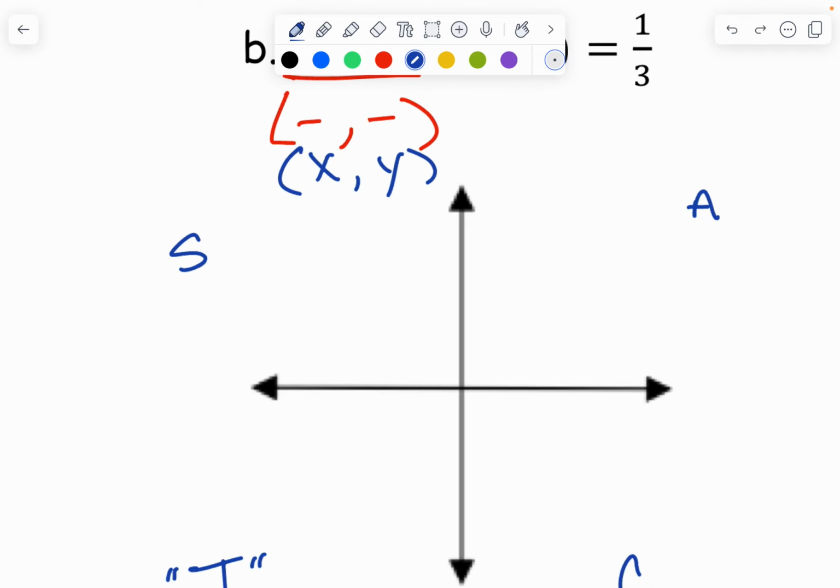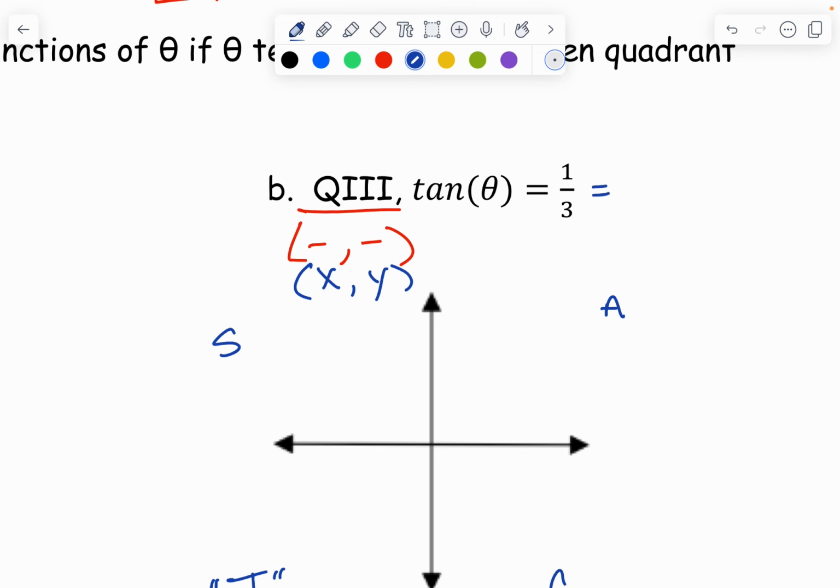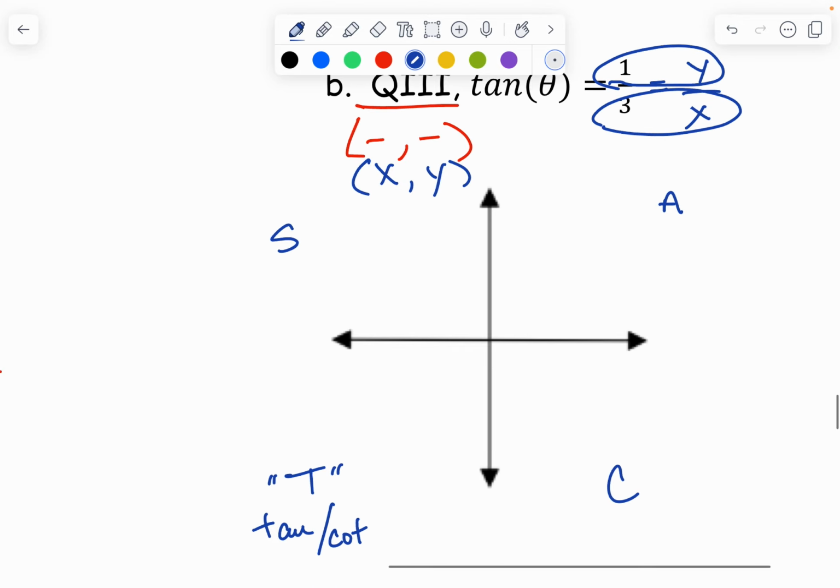Now, if you're looking at tangent, tangent is y over x. So that means my y value is 1 and my x value is 3. But if I go over 3 and down 1, that doesn't put me into Q3. That puts me in Q4. Okay, I shouldn't be there. Actually, sorry, it wouldn't even put me in Q4. If they were both positive, it'd put me in Q1.